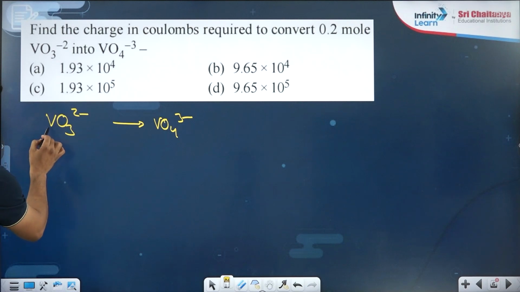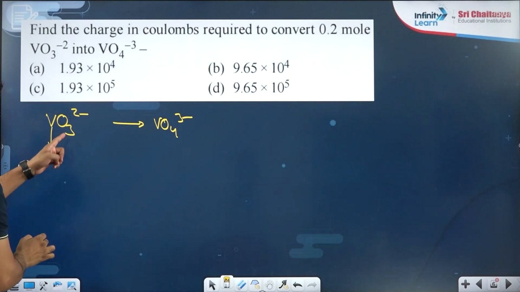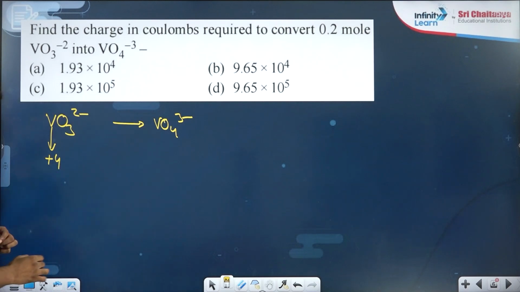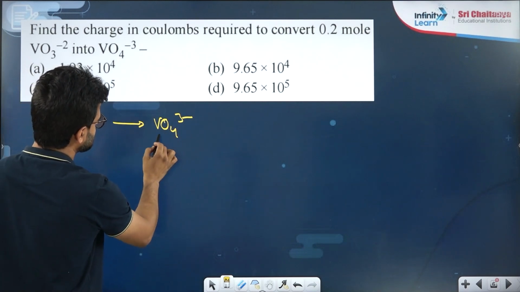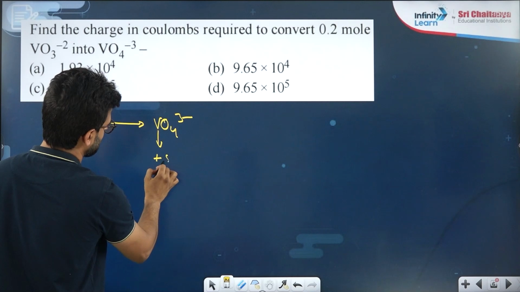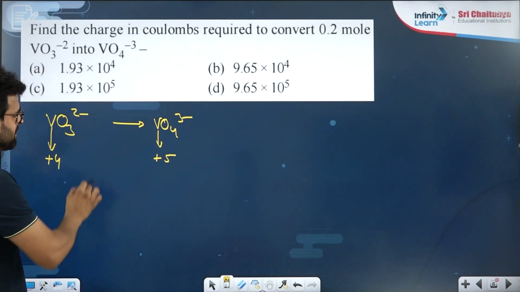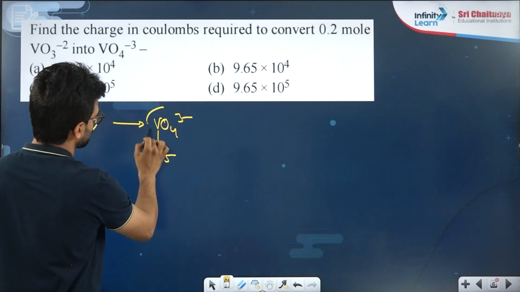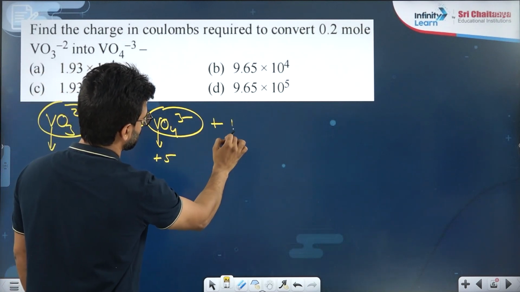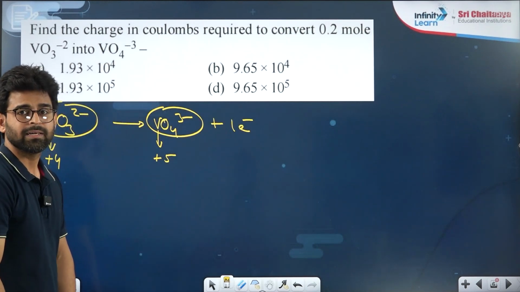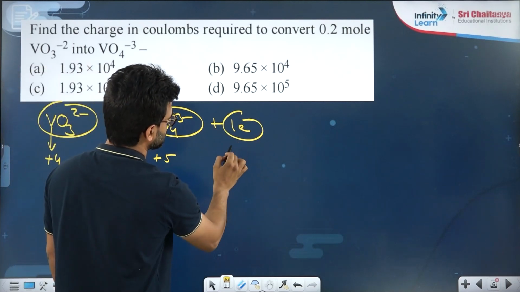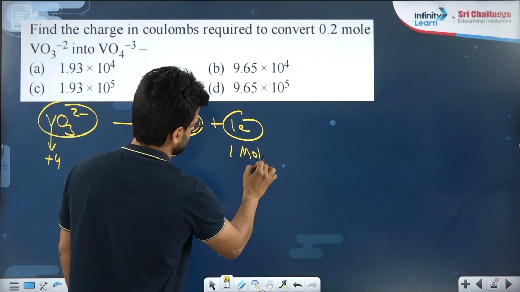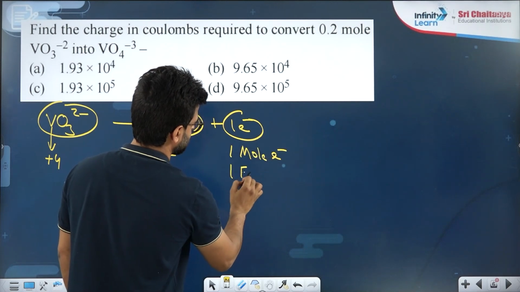If you check, vanadium here has oxidation state +4, whereas in this case vanadium is present as +5. So when you convert 1 mole into 1 mole, it will require 1 mole of electrons. 1 mole electrons means 1 Faraday charge.